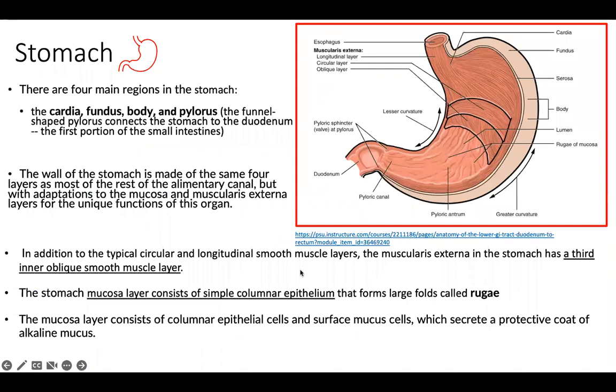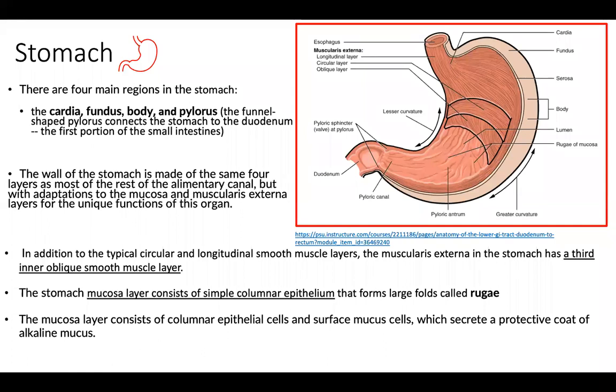Now for the stomach, there are four main regions: the cardia, fundus, body, and pylorus. And the wall of the stomach is made of the same four layers as most of the rest of the alimentary canal, but with adaptations to the mucosa and muscularis externa layers for the unique functions of the stomach.